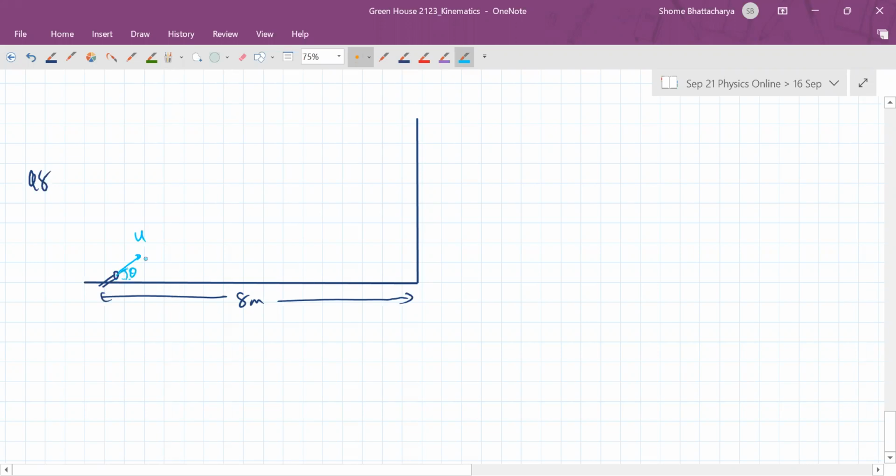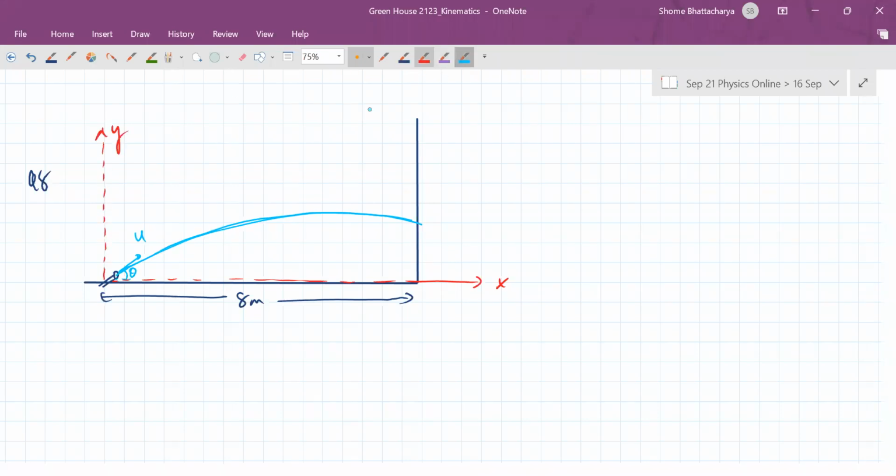The water continuously gushes out and hits somewhere. So use your standard equation of trajectory. This will be easiest. Take this as x, this is y.